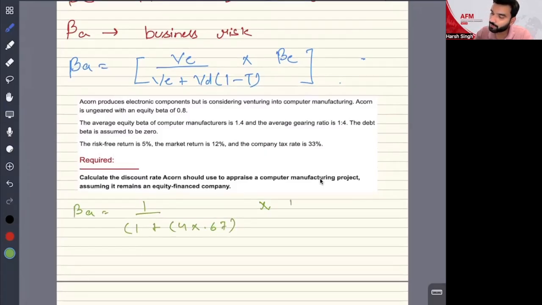Beta is given as 1.4. Solve this part, everyone. We'll get how much? 1.2.